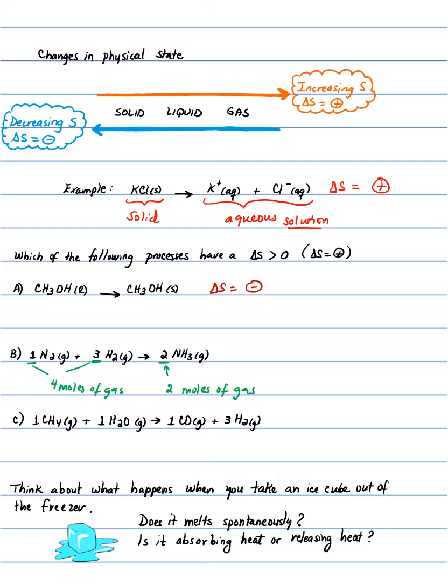So we cannot answer this question based on a difference in physical state because we don't have different physical states. All of them are given in gases, but we can focus our attention on the amount. The larger the amount of something, whatever it is, the more likely that a bigger amount will be represented by more randomness.